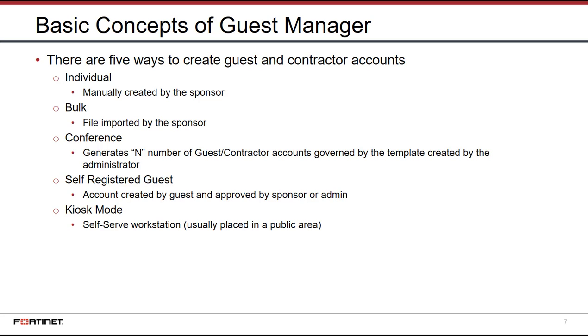We can have this type of account automatically approved by the Fortinac or require a sponsor to approve or deny each account that's created by a guest. And the kiosk mode is a dedicated workstation, normally in a semi-public area like a front lobby, where an individual needing guest access could be directed to that specific machine where they could then go in and create an account on that kiosk.